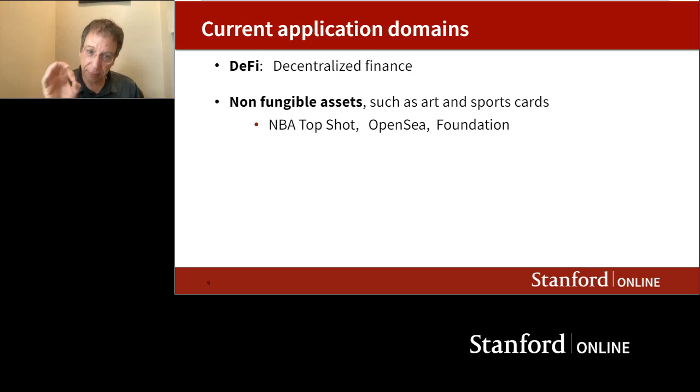And again, the exercise you always have to go through is to ask yourself, why is it that we want to record art ownership on the blockchain? Why can't we just use a centralized system that says who owns what? And the answer is quite simple. If we had a centralized system that recorded who owns what art, and that system either got hacked or corrupted, or maybe just went out of business and the database disappeared, the ownership information would be gone with it.